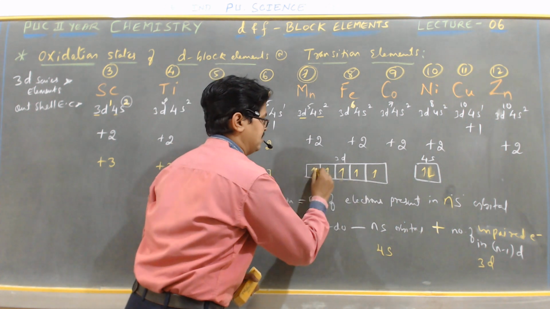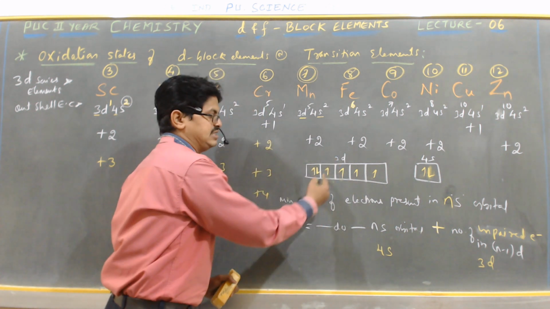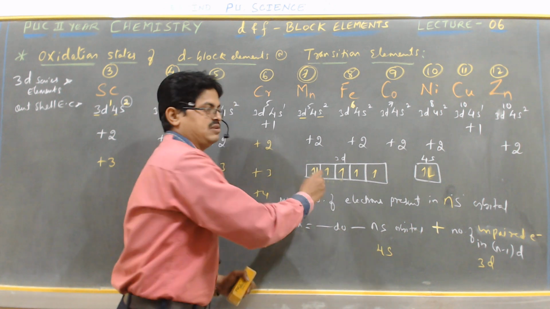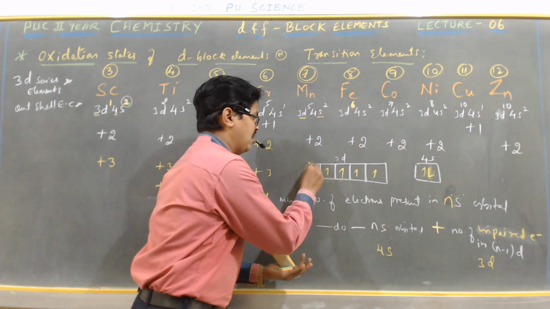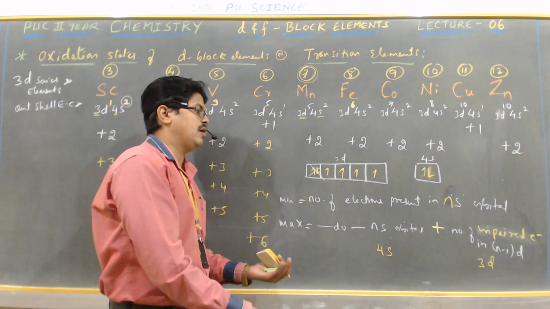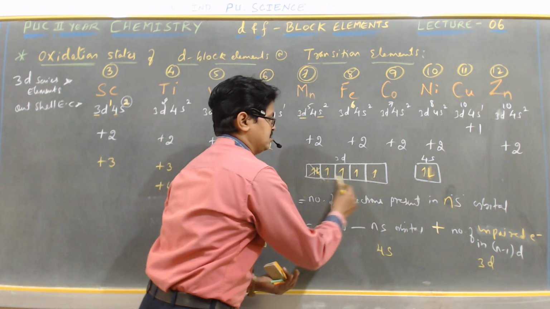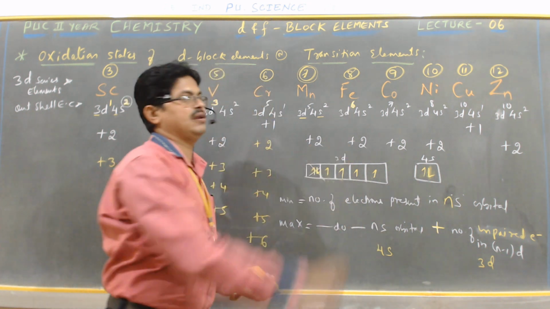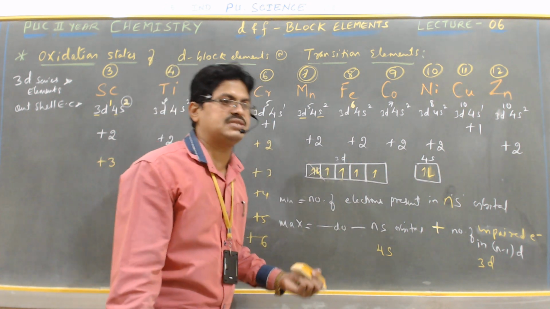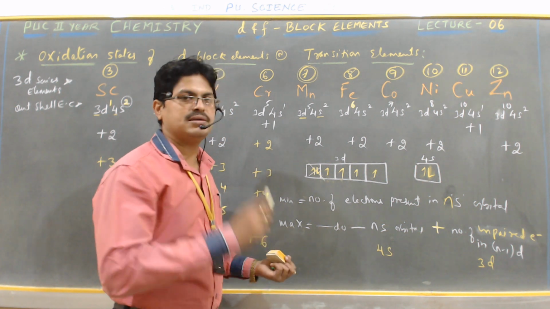3d6 means 5 plus 1, 6. The electrons get paired, so these paired electrons are not involved in bonding. That is why iron, 2 plus 4, forms only 6. Iron's maximum oxidation state is plus 6. Point to be noted: plus 6.